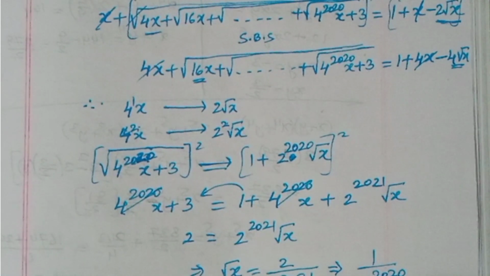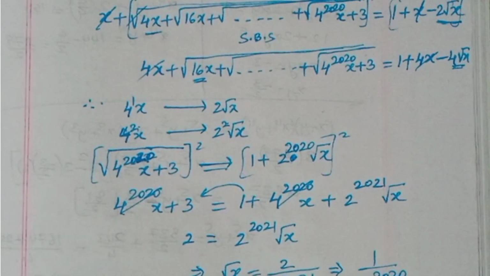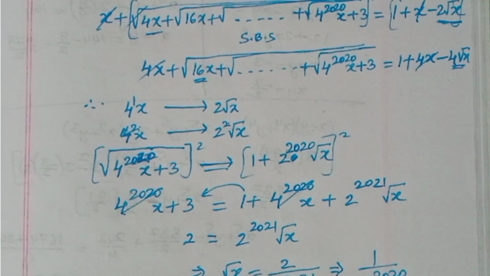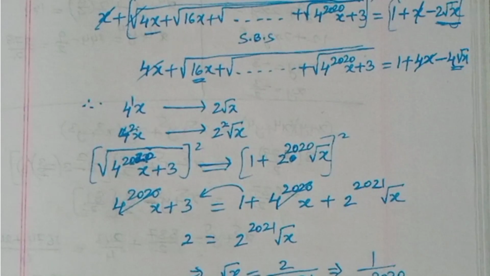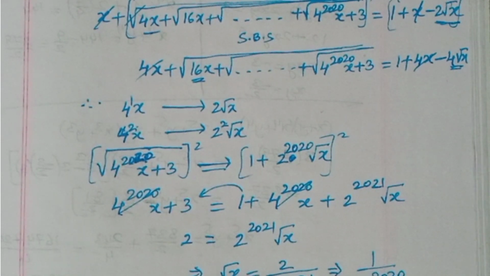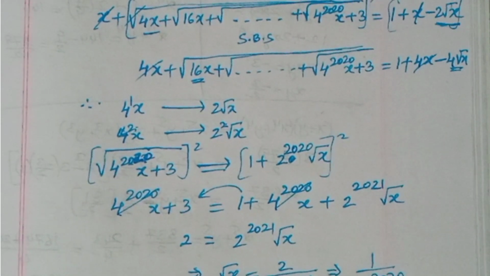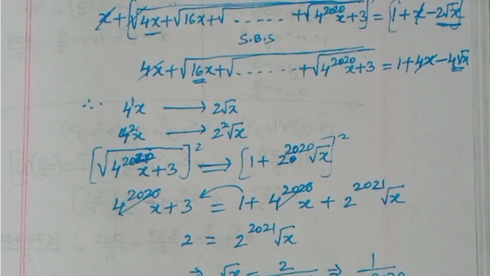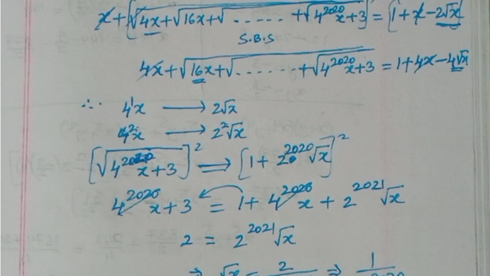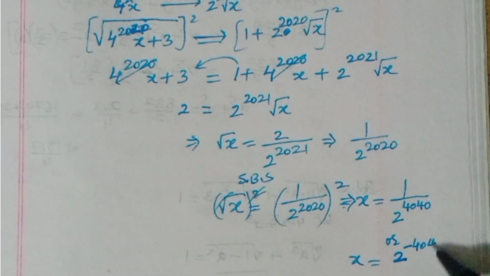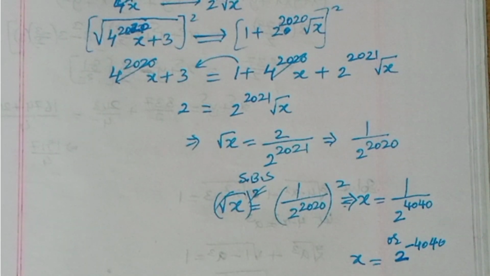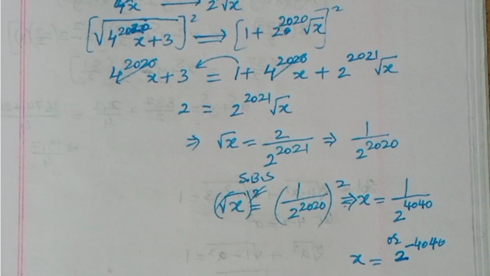Root x whole square, the square and root cancel. So the x value will be 1 by 2 to the power of 4040, or you can write it as x equal to 2 to the power of minus 4040. That is the value of x.